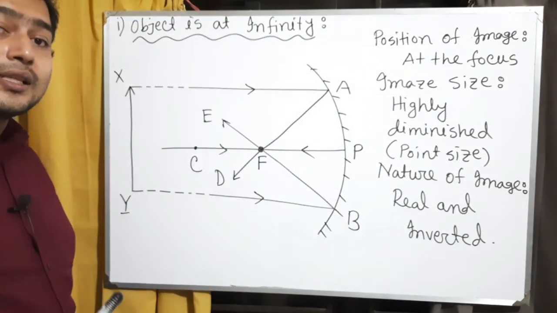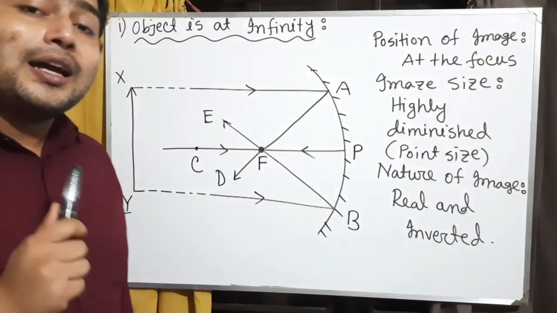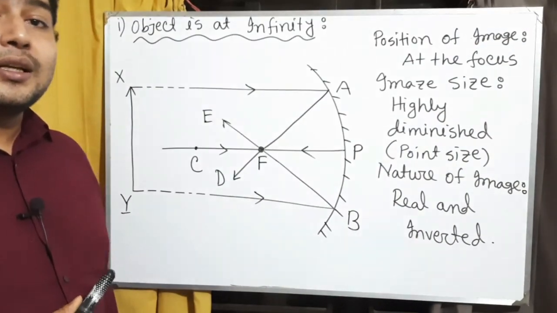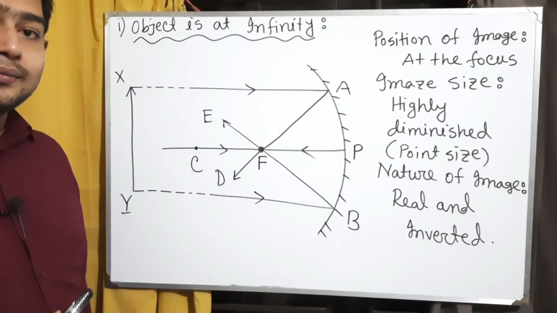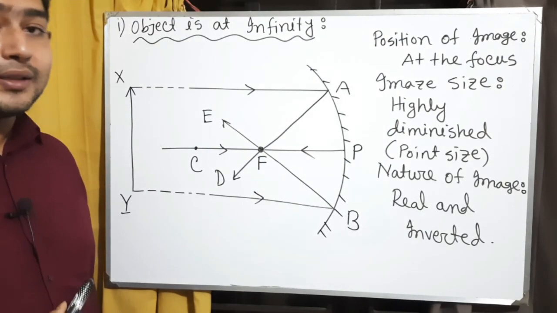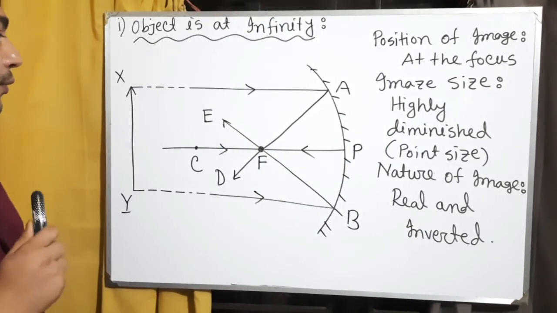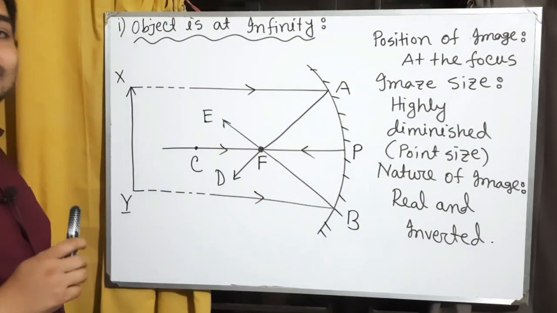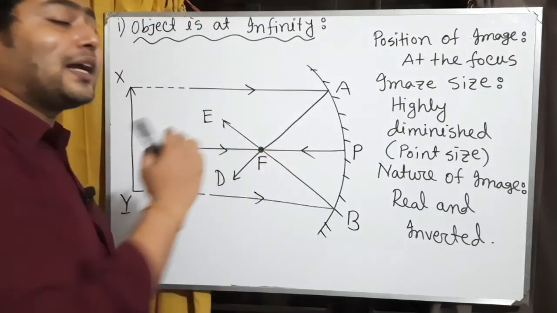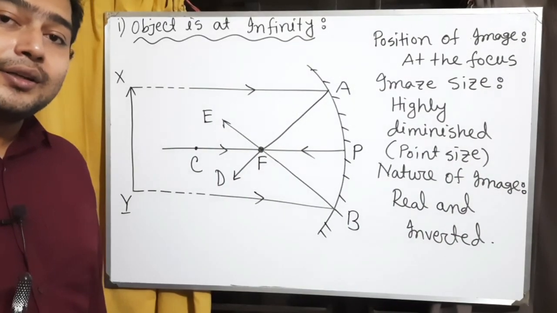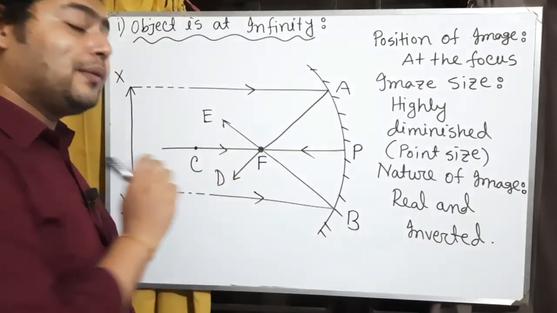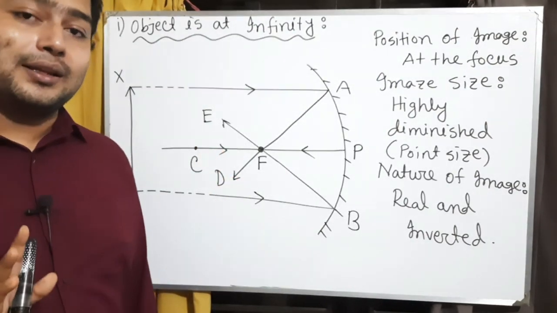Now the question is, how can we distinguish a real and a virtual image? If the object and focus are on the same side of the mirror, then we can say that the image is real.